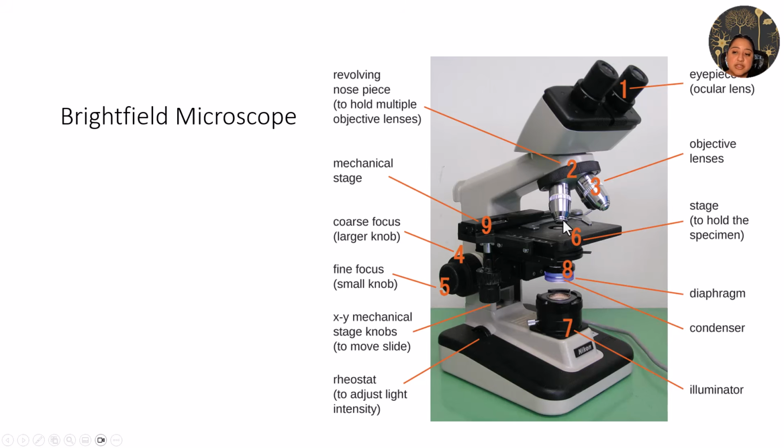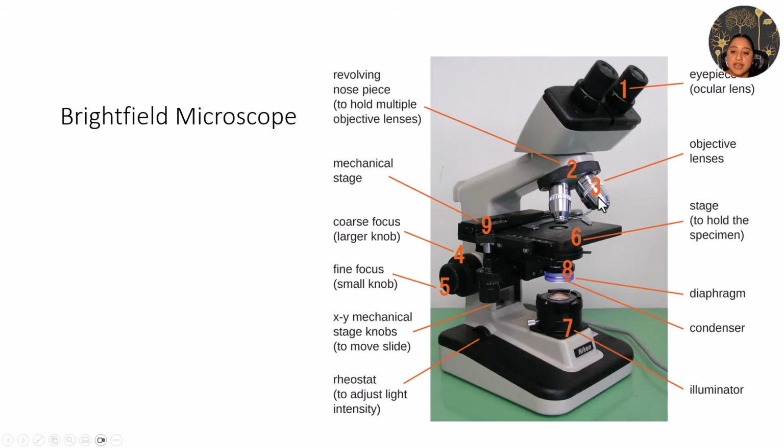These other lenses are called the objective lenses, and those can actually be rotated to be different magnifications. The ocular lenses provide one level of magnification, and then whichever objective lens you have in place provides another magnification.